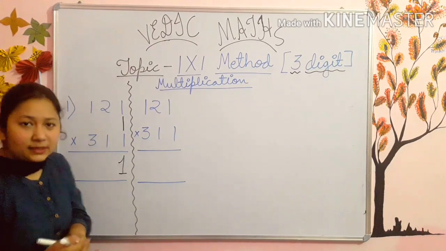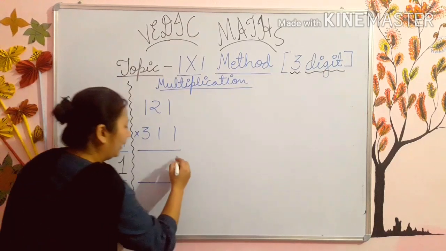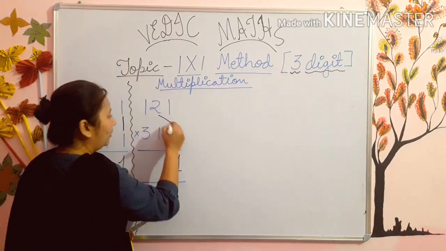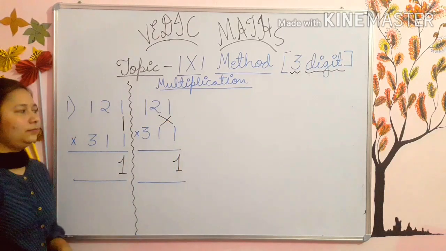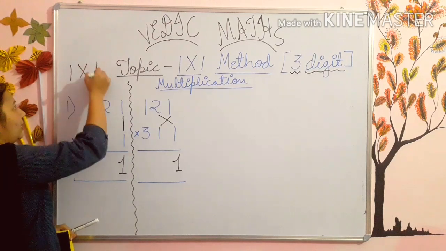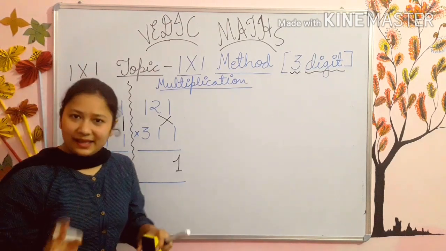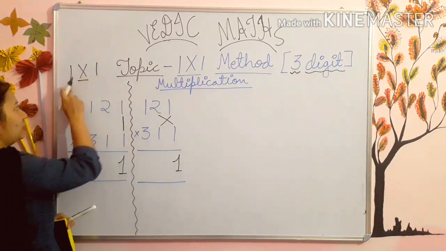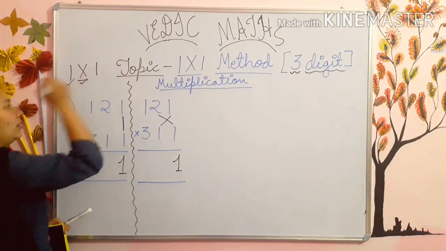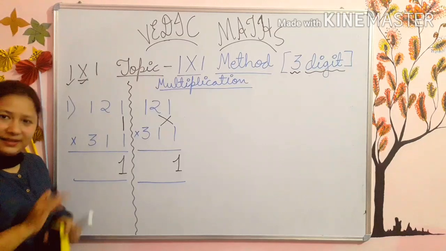Now the next, first of all, you have multiplied and 1 is there. Now what you have to do, you have to multiply cross. Remember kids, IXI. Yes. So next, first of all, you have done this. Now what you have to do, you have to do cross. Get it?